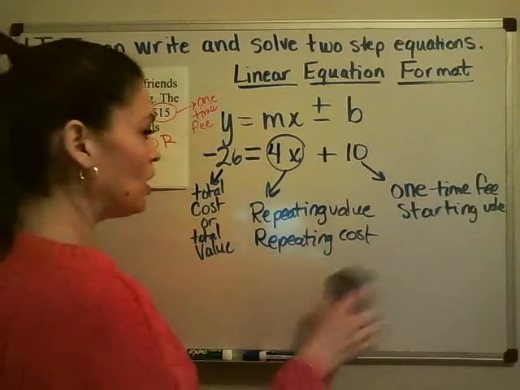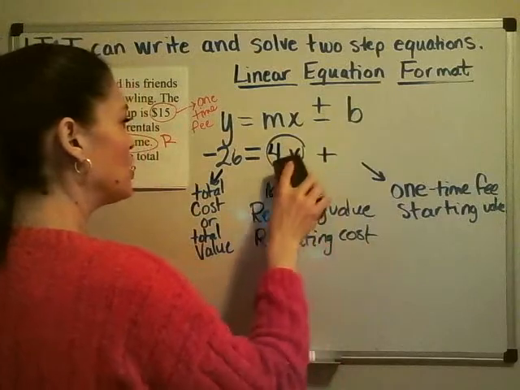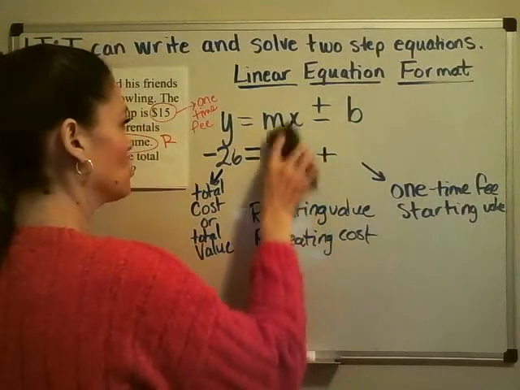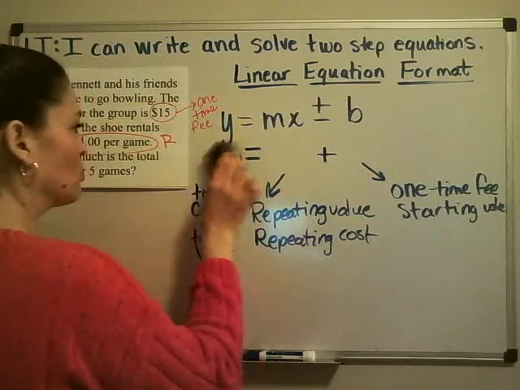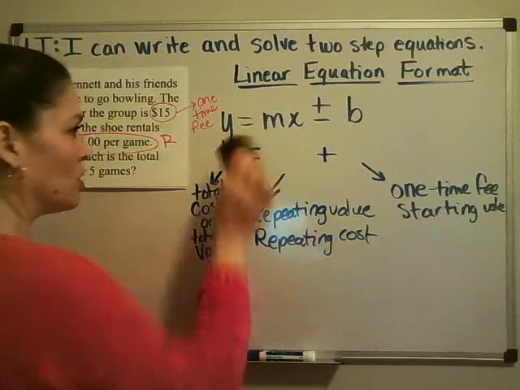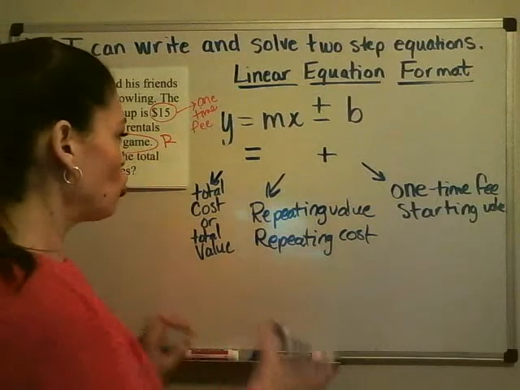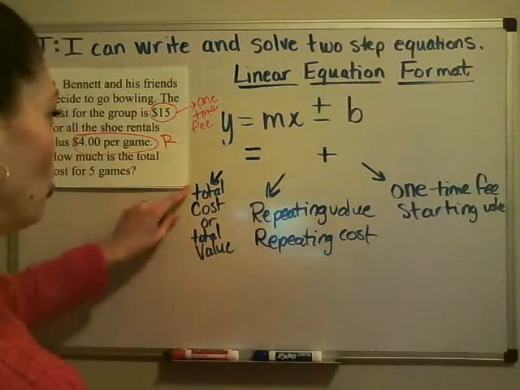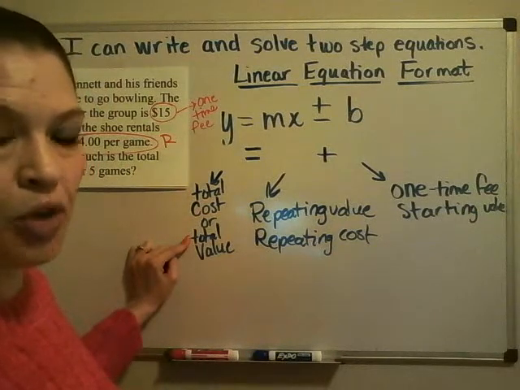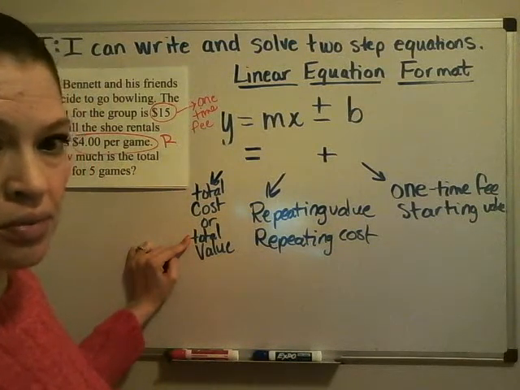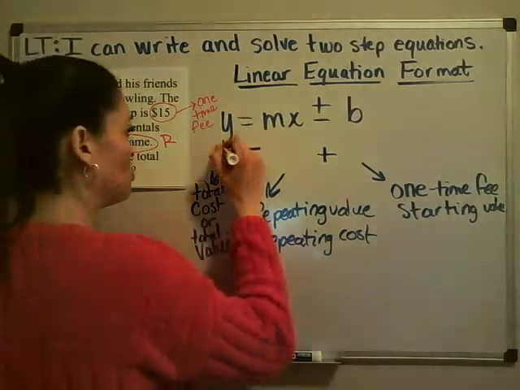So I'm going to leave my notes, but I'm going to erase these values. All right. So, question. Do we know what the total cost or the total value of the bowling is going to be? No, we don't. We're actually going to find that out. So I'm just going to put Y.